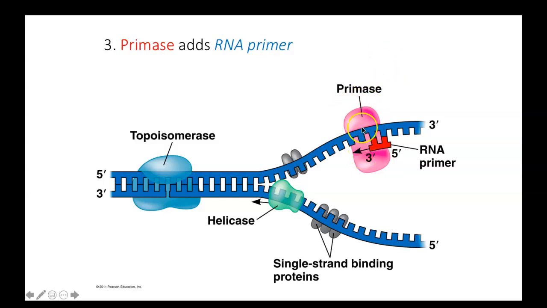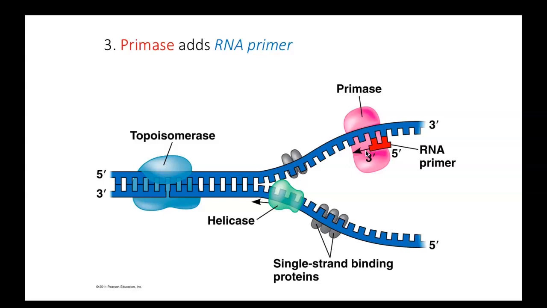Primase comes in because DNA needs to get copied, but DNA polymerase is not going to come copy DNA unless it's encouraged. And so what primase does is it puts down an RNA primer. What that means is, remember, RNA has a uracil instead of a thymine, and uracil is a nitrogenous base.